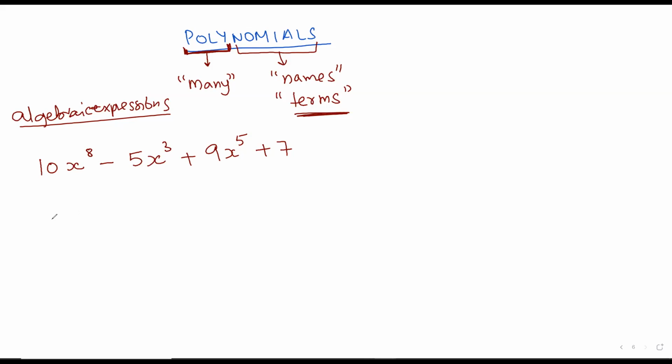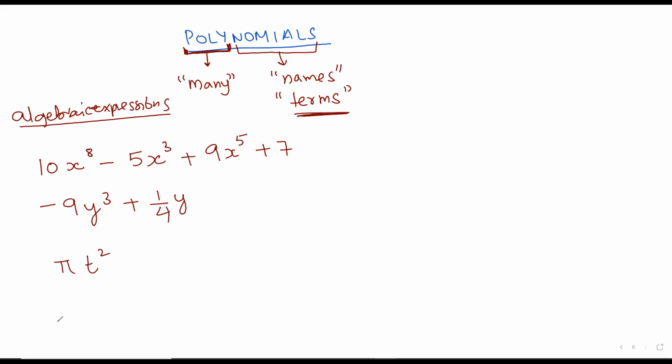Let's take another example: minus 9y cube plus 1 by 4y. That is another example of a polynomial. Another example could be pi t square.